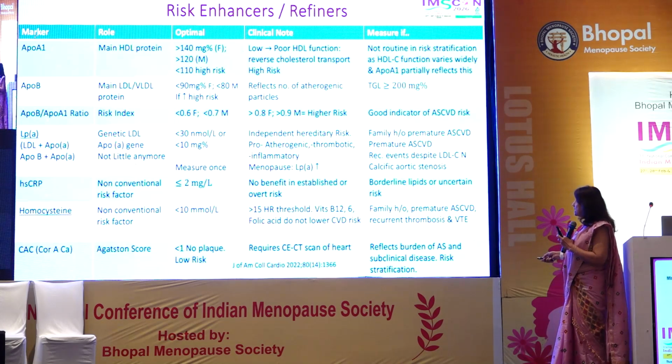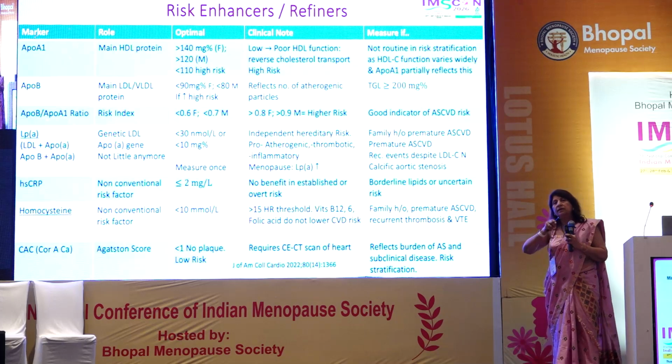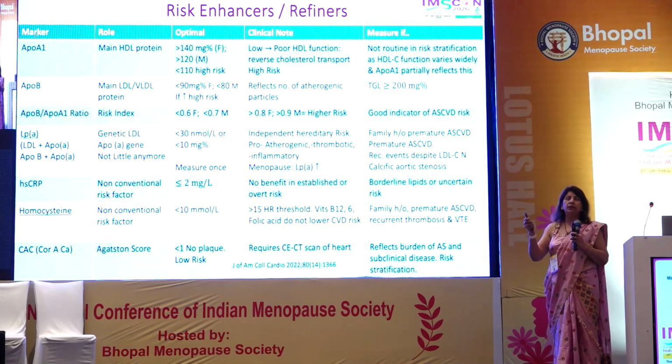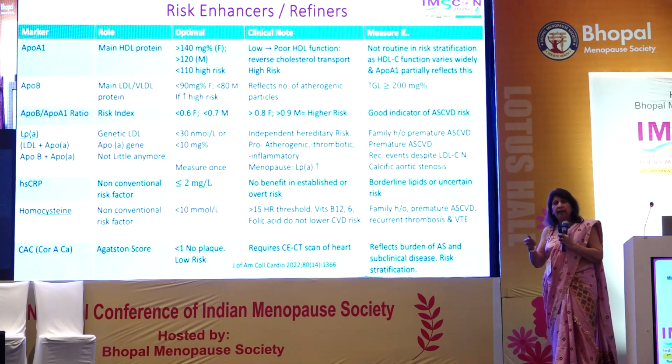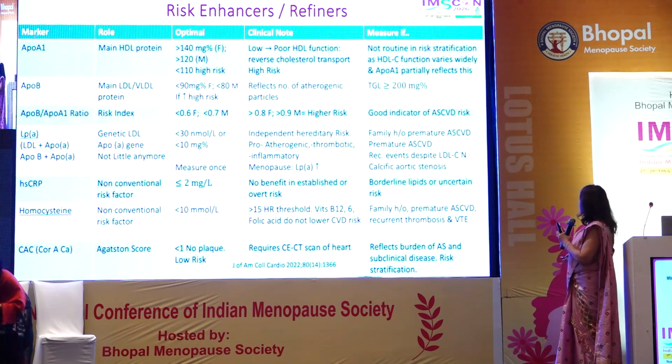So therefore this little a is not little anymore, and very importantly, it does not respond to all the therapies that you will do for reducing it. No lifestyle, no statins, unless you have PCSK9 inhibitors, which may help 15 to 20% decrease.